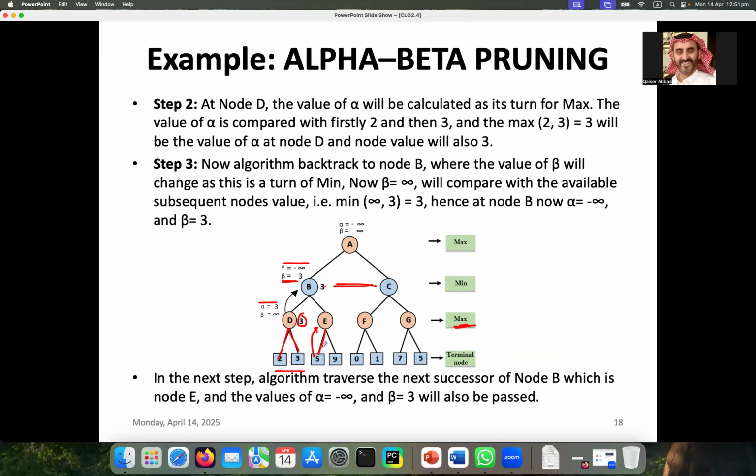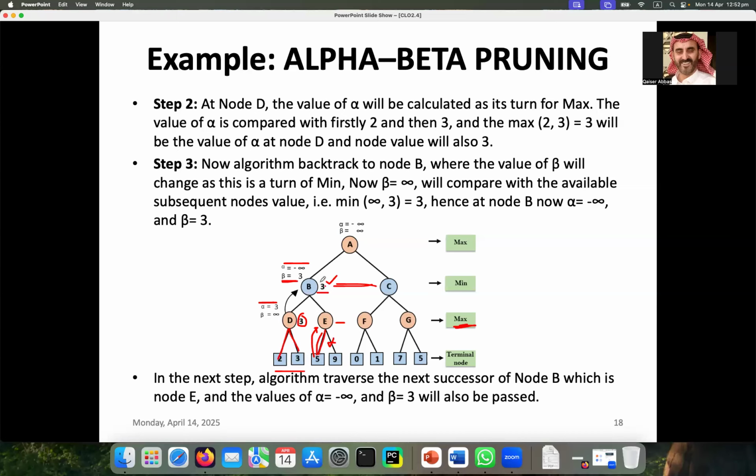So this is 5, but this B node has the value 3. The min player will not accept that 5, a higher value. The min player already has that minimum value, so how will it accept this higher value 5? So after opening it, there is no need to open up the further branches.